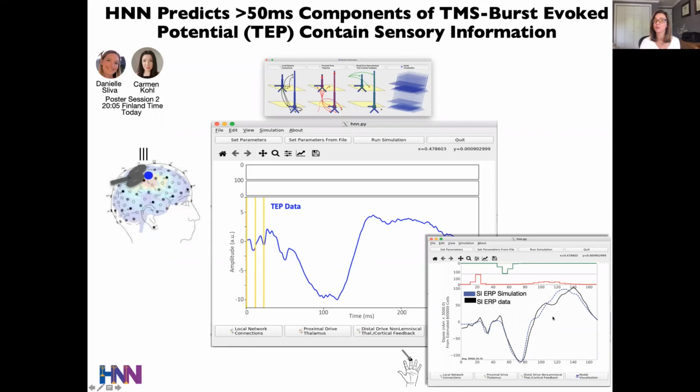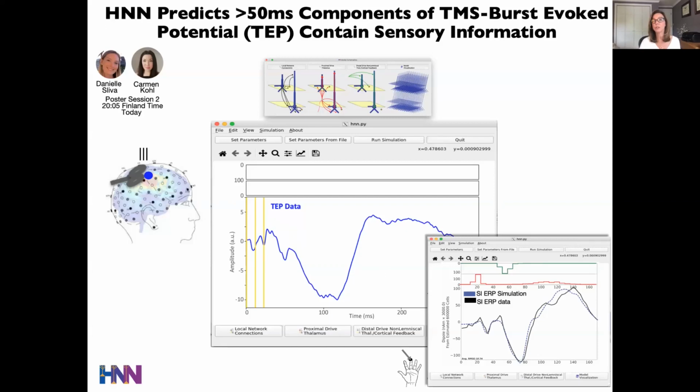And so recall also that we were able to use HNN to look at the circuit origin of this evoked response by driving the network with a sequence of input. And so next we wanted to ask, can a similar sequence of input reproduce what TMS, including the sensory component of TMS, is doing to reproduce this EEG response that we recorded?